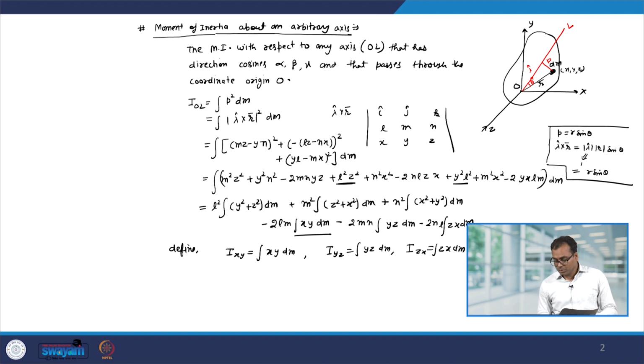So, these quantities are called the mass product of inertia or the product of inertia.